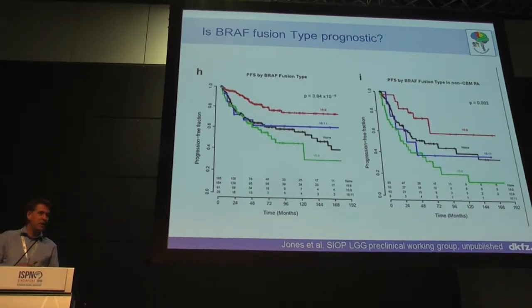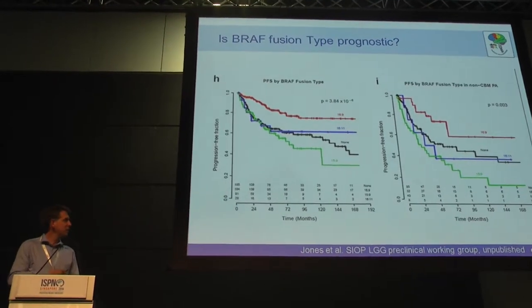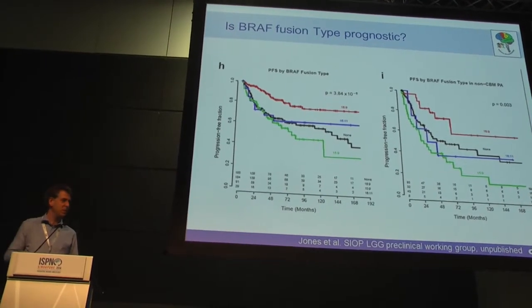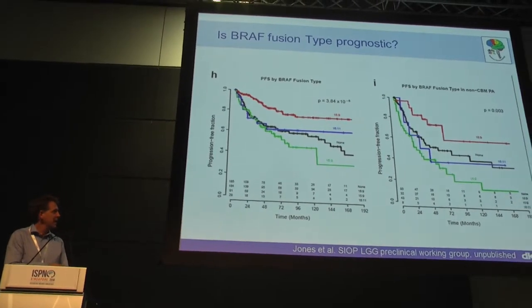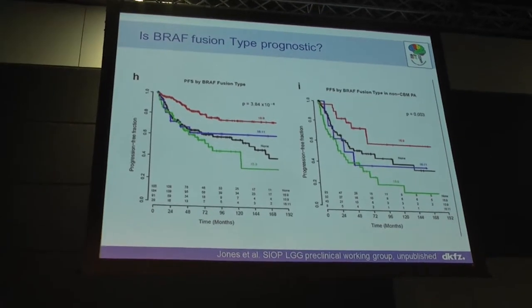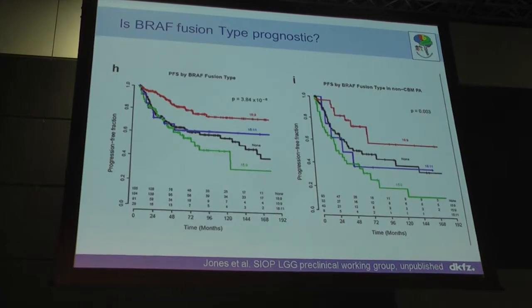Another thing that came out from this meta-analysis, which at this stage can just be called interesting, but we don't know the relevance yet, is that even the different fusions in BRAF might be associated with different outcome.